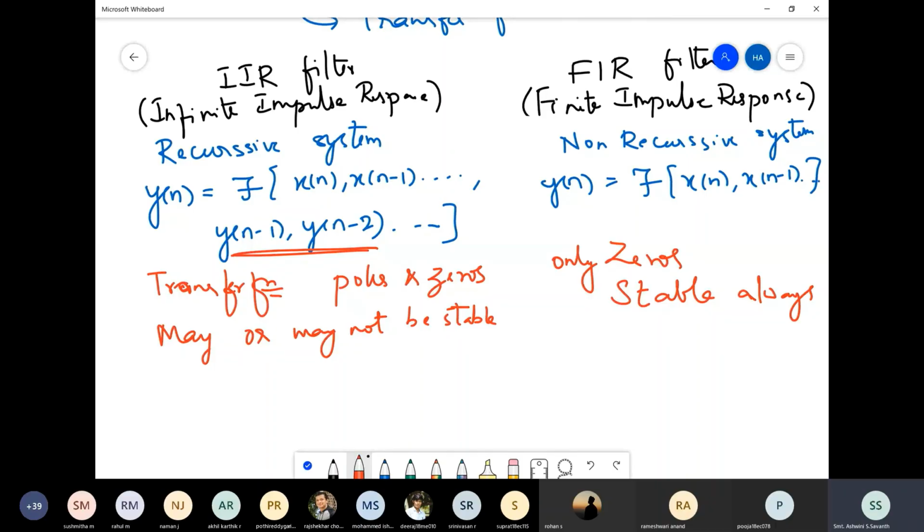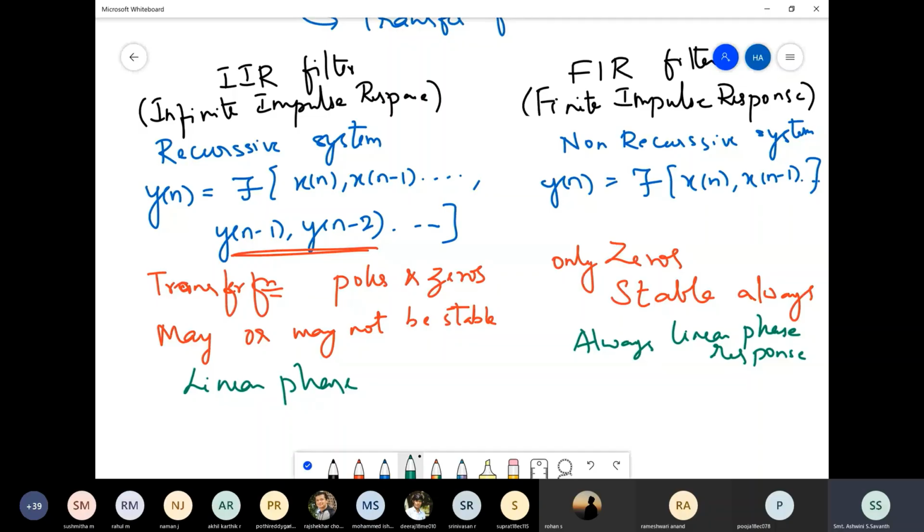One more point I will mention is regarding linear phase. An FIR filter always has a linear phase response, whereas an IIR filter may or may not have a linear phase.